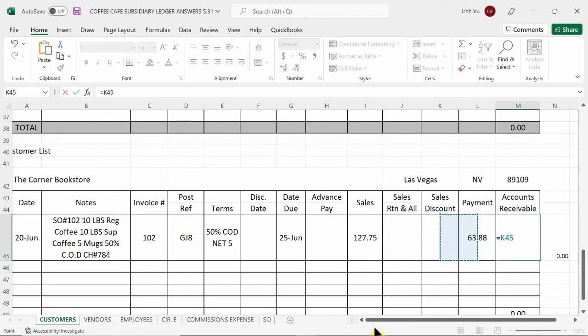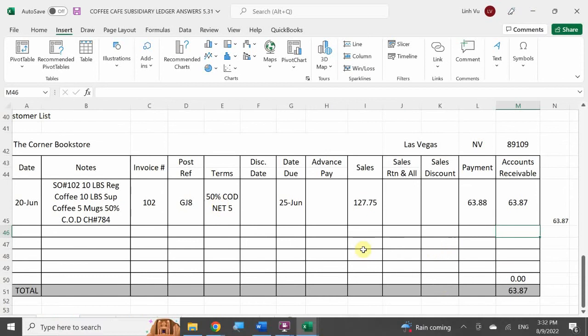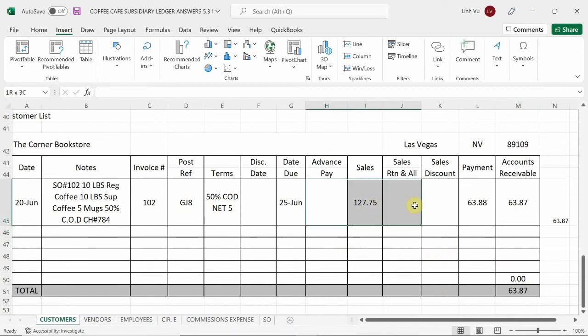And the balance is 63.87. Good, right? That's exactly what is on the invoice. Okay. 63.87. Okay, what else?